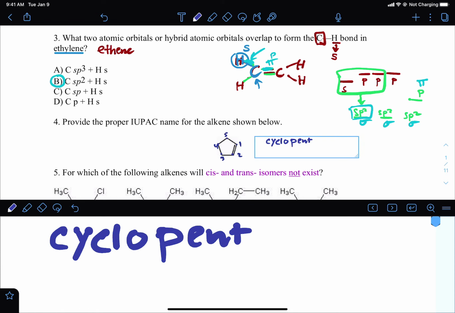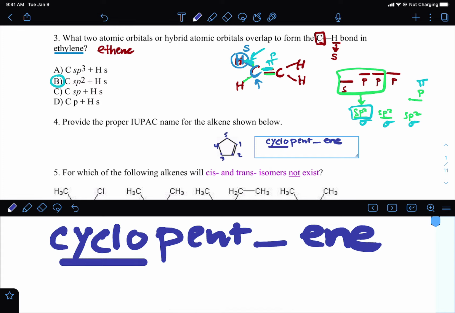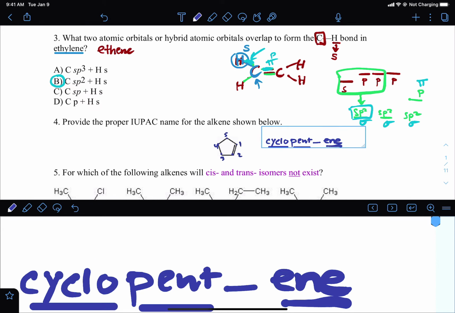And I'm going to leave this blank here for a moment. So let's just remember the logic. Cyclo means it's a cyclic structure. Pent means it's 5 carbons. And the ene means we have a double bond. We have an alkene. Normally, we would indicate where that double bond is with a number like pent-2-ene or something like that.